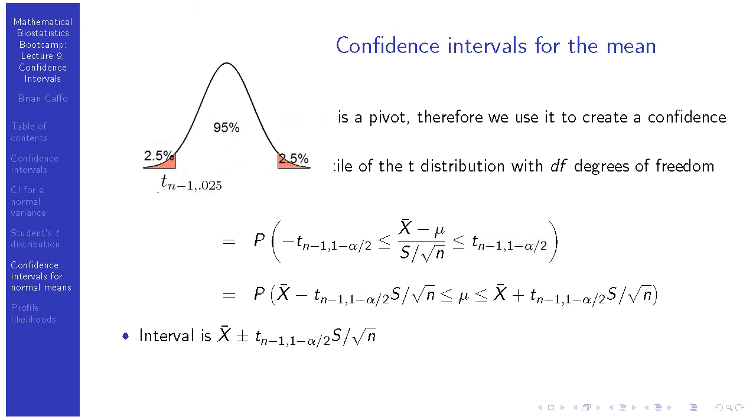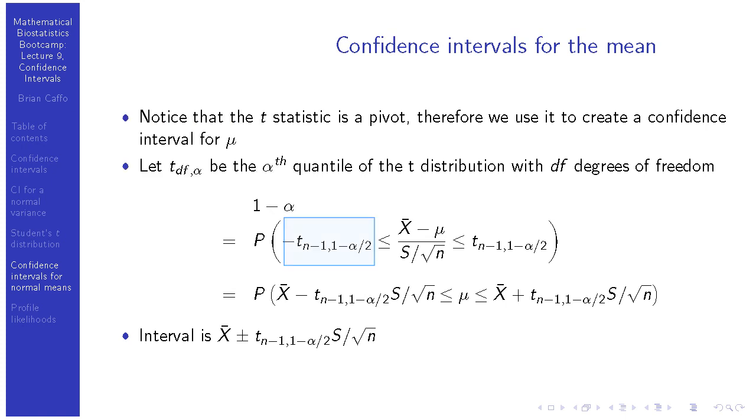Oh, and I should note here, by the way, because the t distribution is symmetric about 0, the alpha over 2 lower quantile is equal to the negative of the 1 minus alpha over 2 upper quantile. So that's why, instead of writing the alpha over 2 quantile, I wrote negative t n minus 1, 1 minus alpha over 2. And you'll see why I do that in a second.